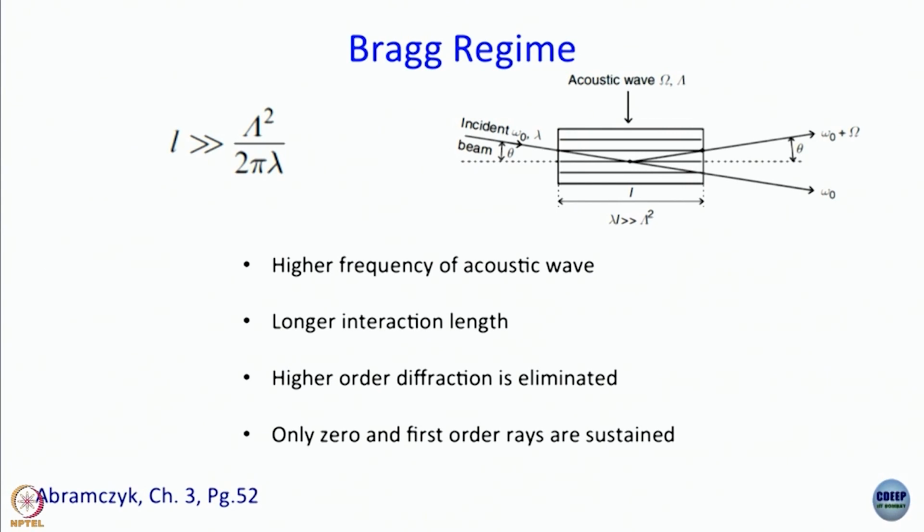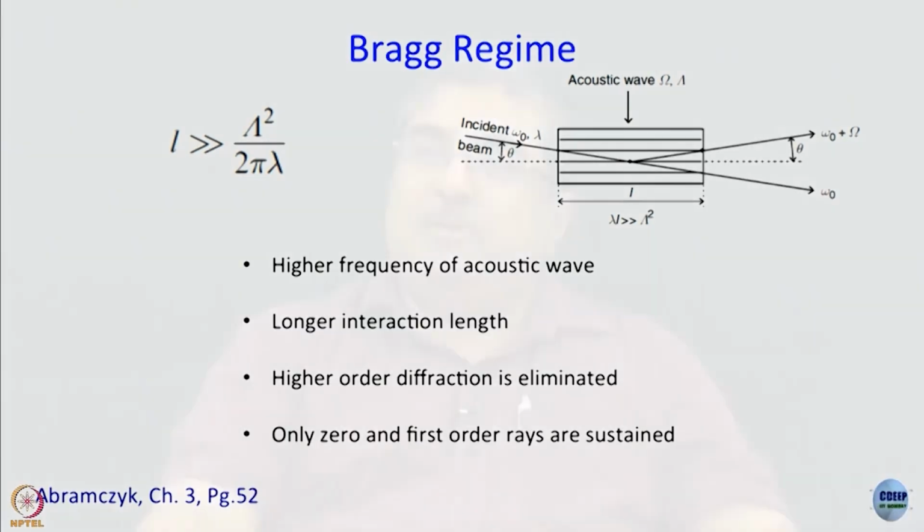And here what happens is, when you work in this regime, all the higher order diffractions are eliminated, only the 0th order and 1st order rays are sustained, omega plus or minus capital omega, if you write in angular frequency. Sometimes it is written as omega 0 plus minus capital omega. But for now this is what we will consider.